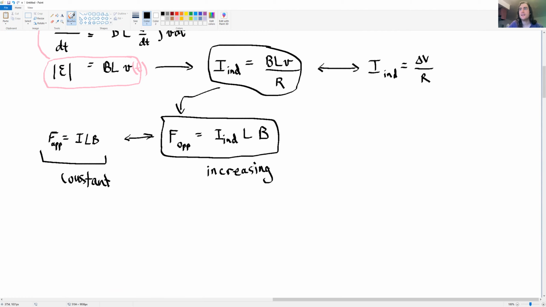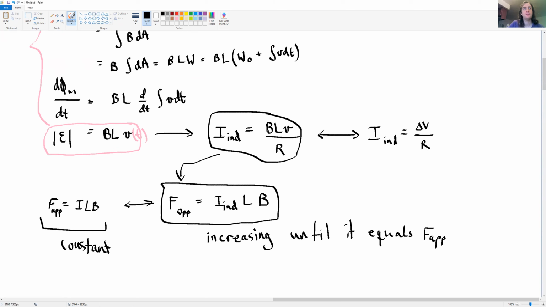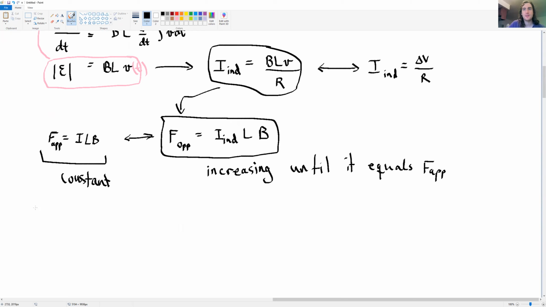This force is going to increase until it equals F applied, because it depends on V. And V is given by the acceleration, which is given by Newton's second law.